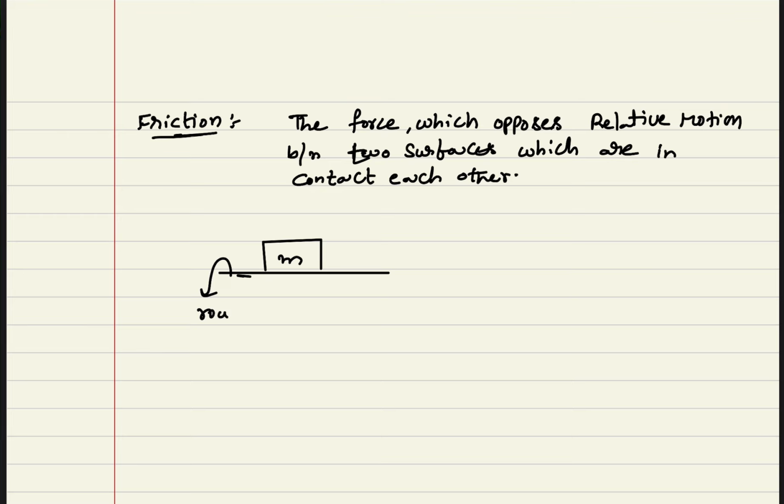It is a rough surface. If the body is moving like this, then due to this roughness, we can see that these points are actually in contact here, and frictional force is opposing the relative motion between the surfaces which are in contact. Okay, now we can see friction is acting.